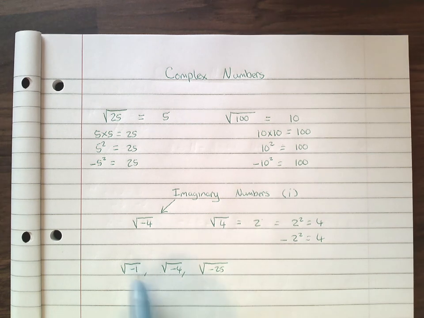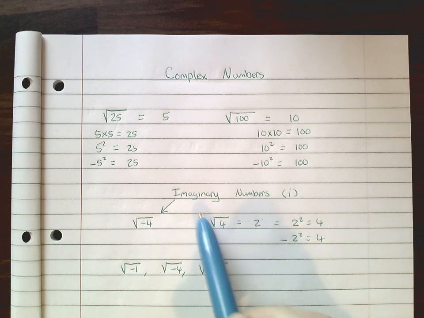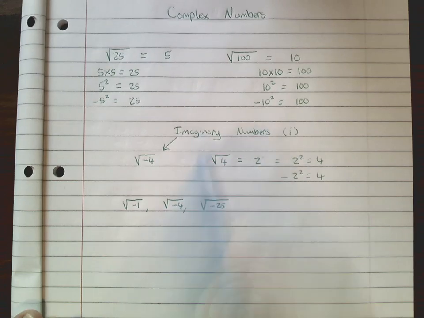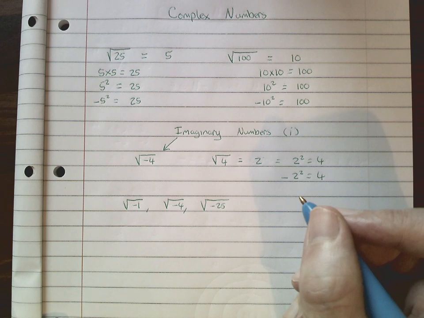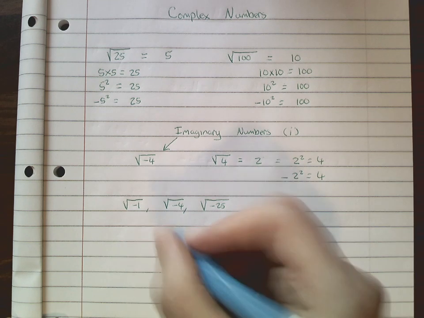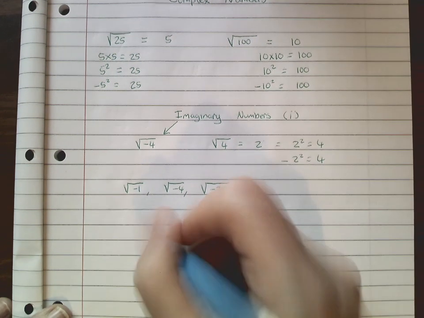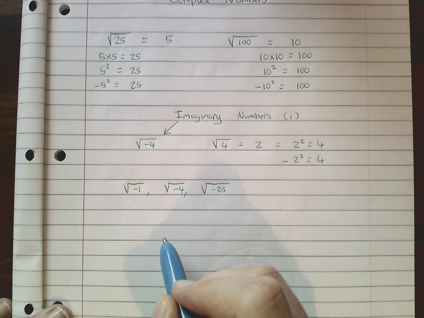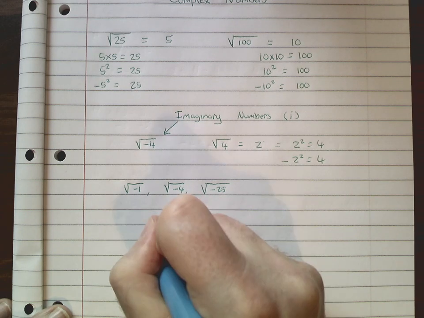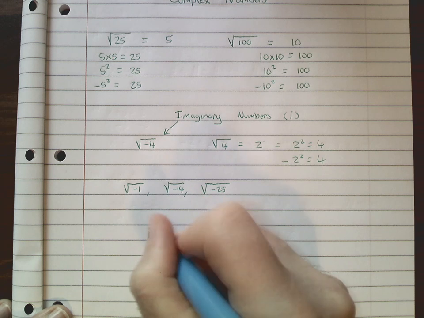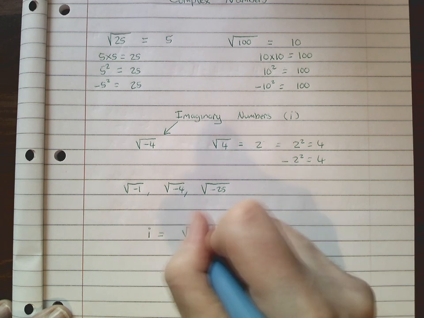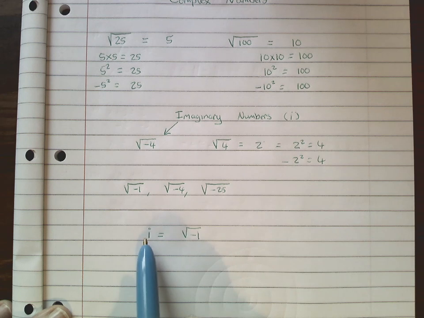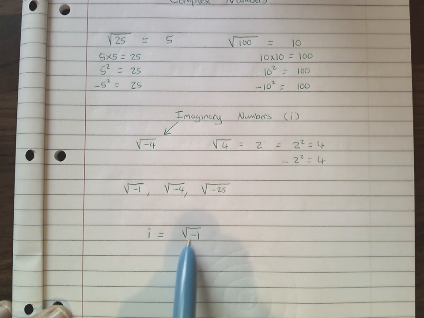These are all examples of imaginary numbers. The first rule we need to learn: the imaginary number i is equal to the square root of minus 1. When you see this symbol, it means the square root of minus 1.